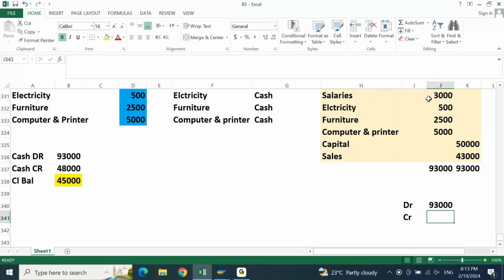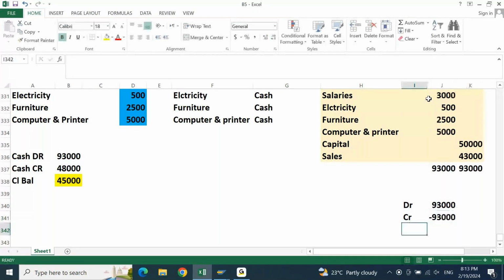Credit is also 93,000, but whenever you are talking about credit, you should represent it as a negative number. And if you do a total, it should become 0. This is where you represent debit plus credit is equal to 0. Why? Because debit is a positive number, credit is a negative number.